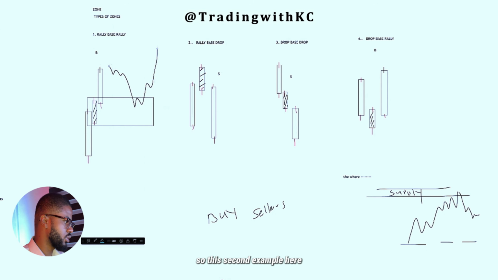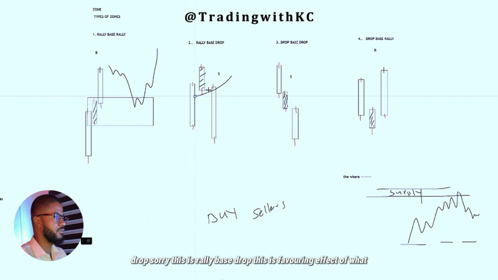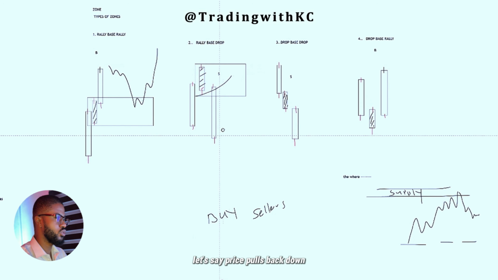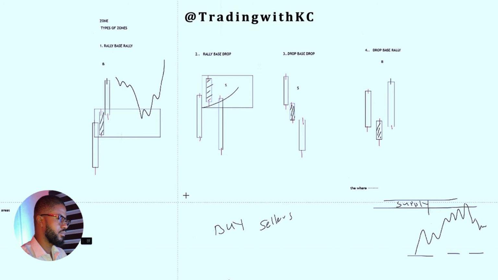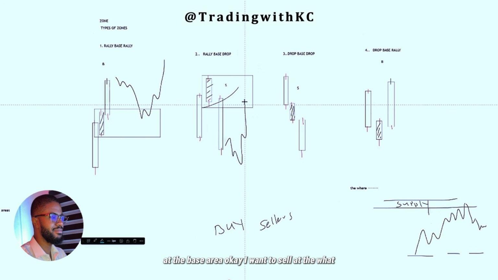So this second example here is a rally base drop. This is favoring the effect of what? Of sellers. So if I want to sell, let's say price pulls back down, that means I want to sell at what?